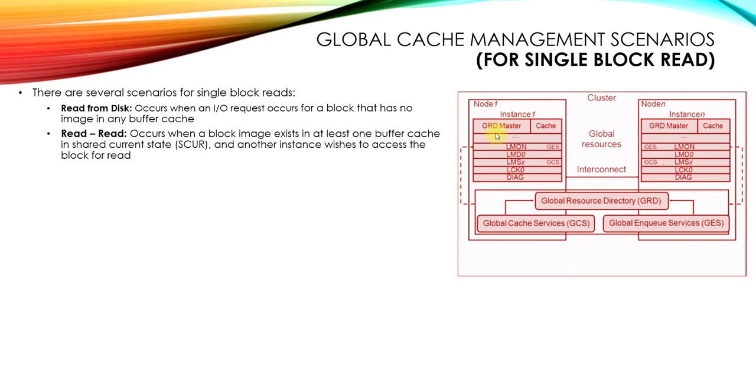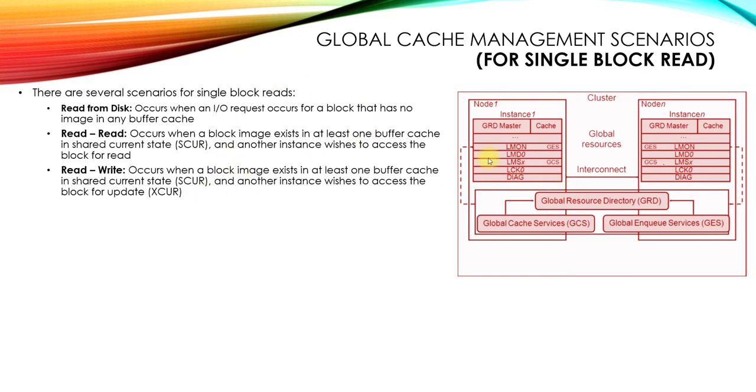So in future when another requester comes, like user 2 connected to node 2, and requests the same block, what happens is LMD0 finds that particular block and uses the interconnect, and the block is copied from the first node to the second node. So that is read. During this situation the blocks are getting copied, it's not moving, it's copying. So the block will exist here as well as here. There will be multiple copies of the block.